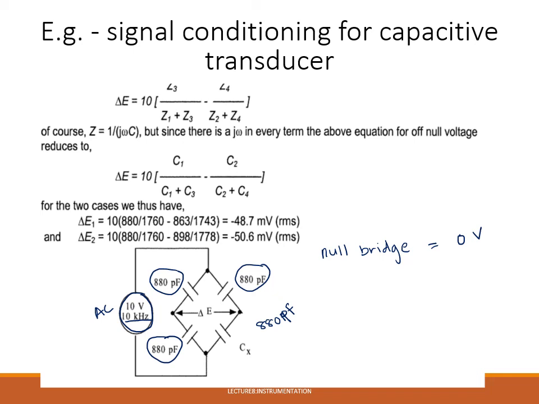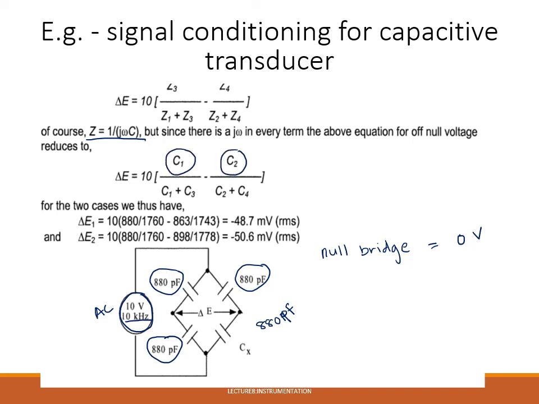As you can see here, the Wheatstone bridge is able to convert any impedance. For a capacitor, the impedance value is 1 over j omega C. But since all the terms have 1 over j omega, it will be cancelled out eventually. So that's why we only consider the capacitive value.